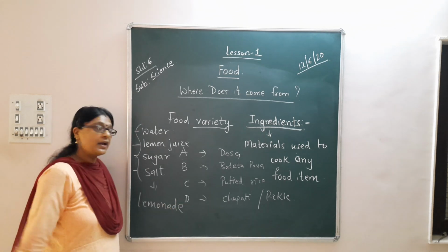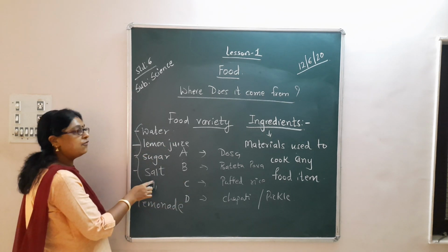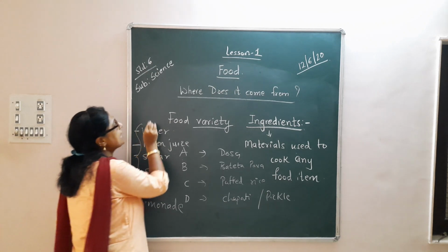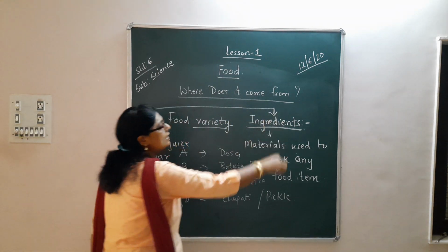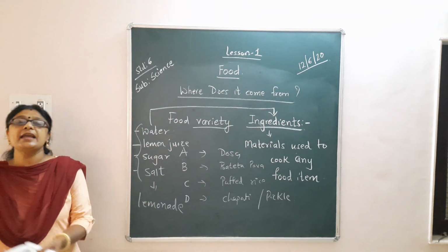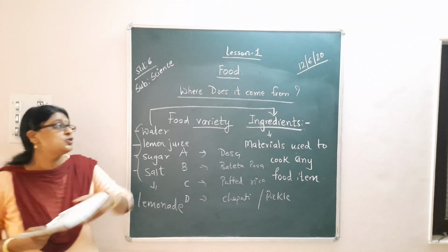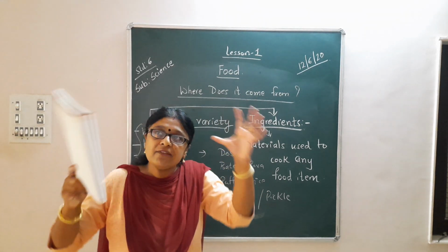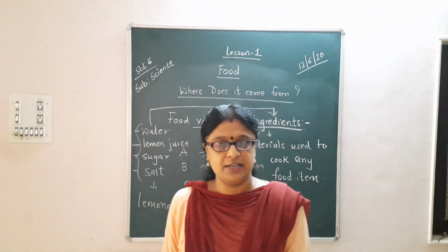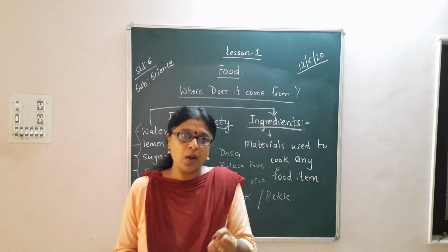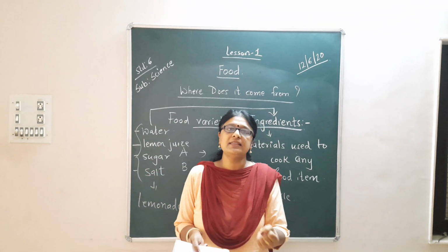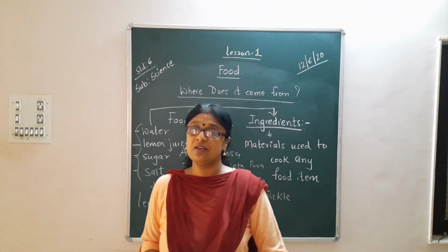Limbu pani. Okay, so all these four things that I have used to make a lemonade are called ingredients. So ingredients means when I have to prepare any food item, then the things which are required to make that food item are known as ingredients.